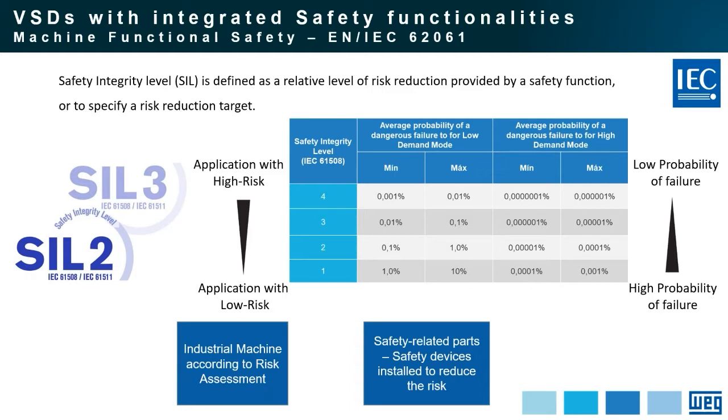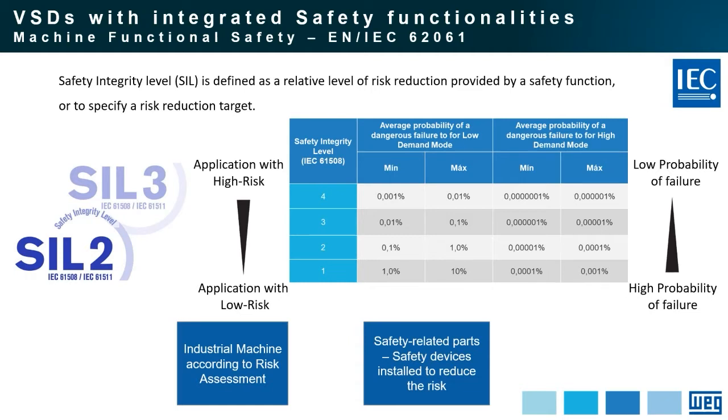We can see here in the blue table that safety integrity levels are available from number 1 up to number 4. Number 1 is for applications with low risk, and number 4 for applications with the highest risk level. On the other side, applications with a high risk level must have a machine or process with a low probability of failure.